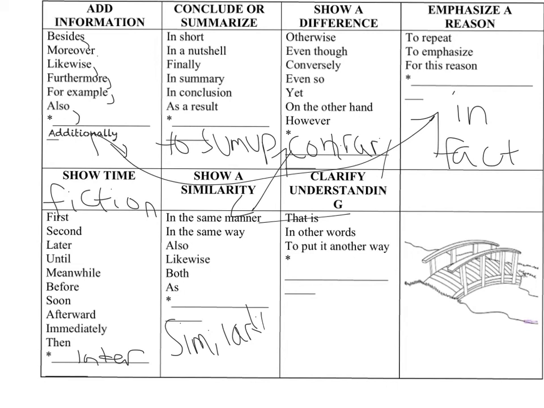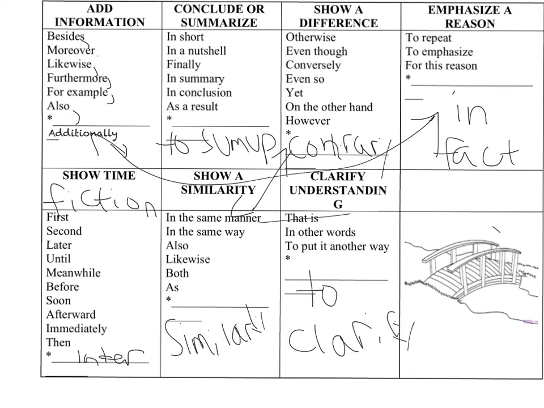Or I like to play soccer. To put it another way, many people in other countries call it football. Okay? So it's basically clarifying and understanding to someone. And then the one that you can add to this one, actually pretty easy. It's just to clarify. Okay?